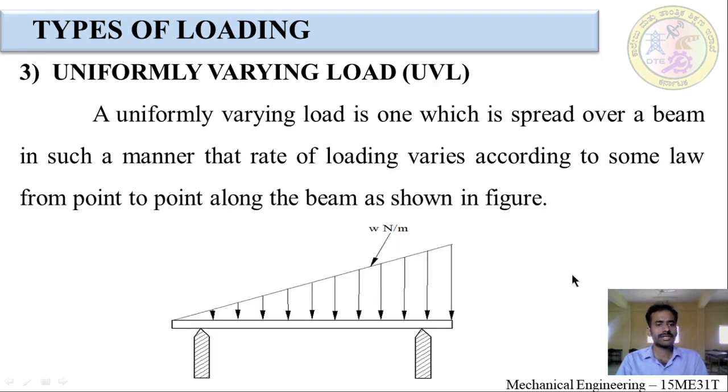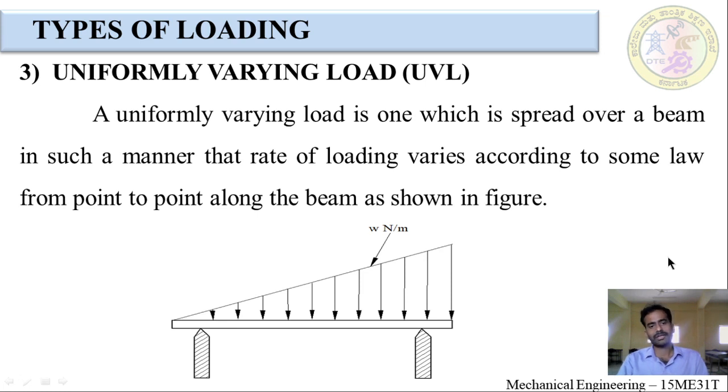The third type is a uniformly varying load. In short, we will call it UVL. A uniformly varying load is one which is spread over a beam in such a manner that the rate of loading varies according to some law from point to point along the beam.